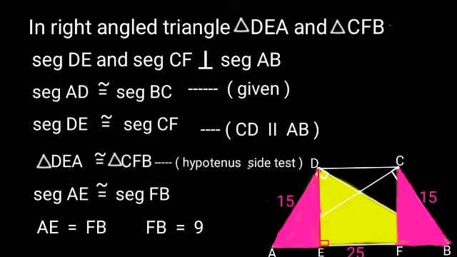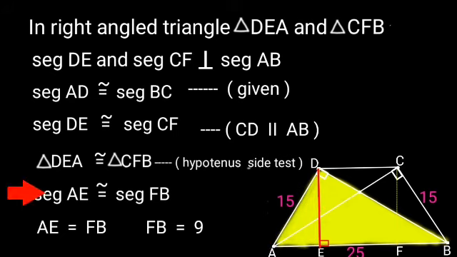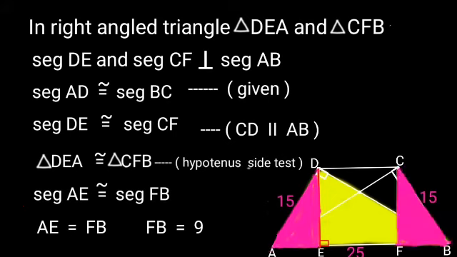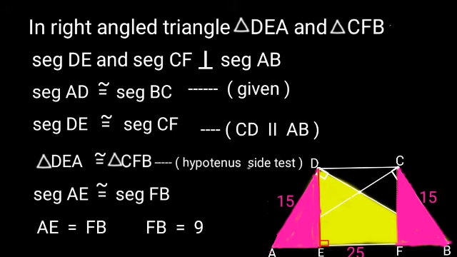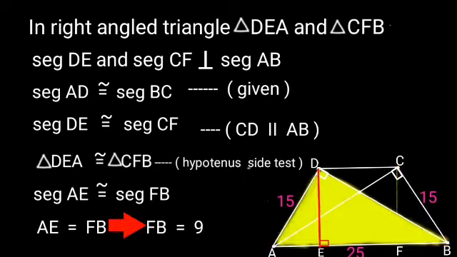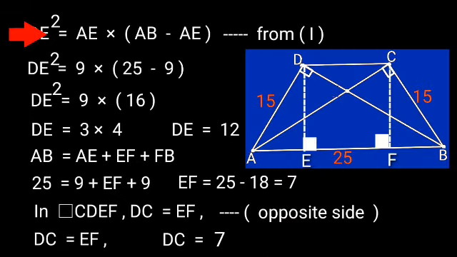Hence, segment AE is congruent to the segment FB. If AE is equal to FB, but we have found that AE is equal to 9, hence FB is also equal to 9. From equation first, DE square is equal to AE into AB minus AE.